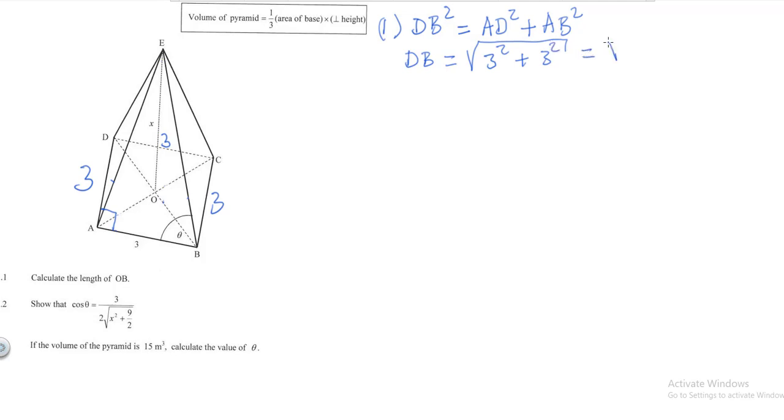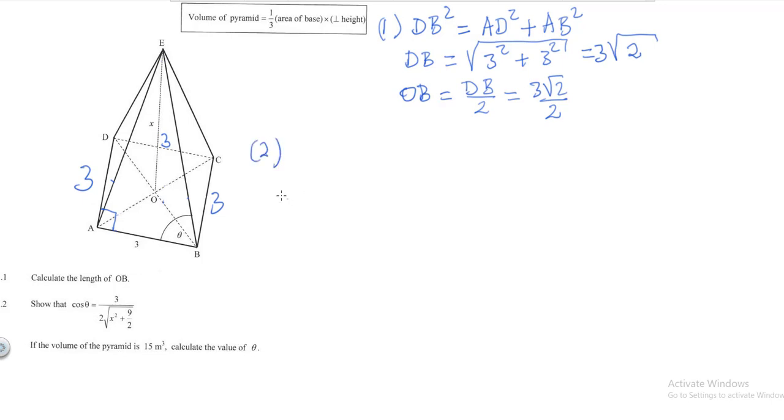And the answer will be 3 root 2. Can you see that? Now, it's not finished. So OB will be DB divided by 2, because the distance of OB is equal to this OD. So it will be half. So we have 3 root 2 divided by 2.